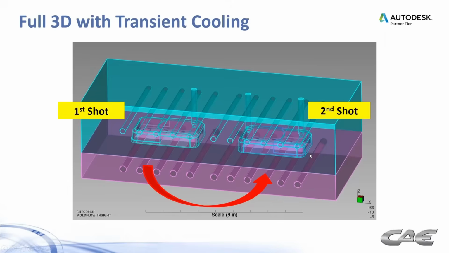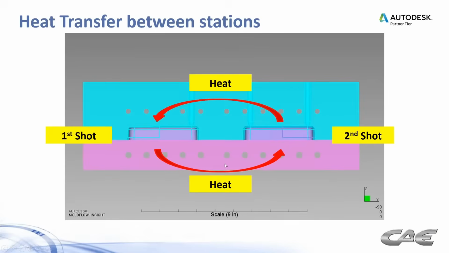And then to take it a step further, the full 3D with transient cooling, this is kind of where it's all going to end up, and eventually this is going to be a lot more practical than it is currently, but we are capable of doing this, where we have the first shot over here, we have a second shot over here, and we can actually define the rotational half of the mold such that we get the heat transfer between the two shots.